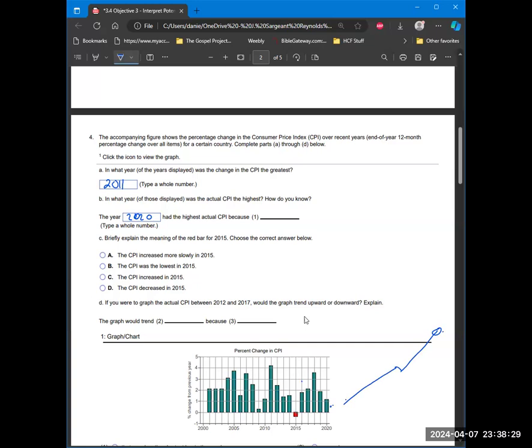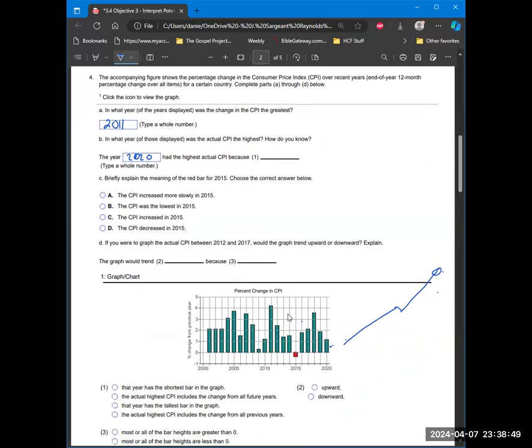So the actual highest CPI includes the change from all the previous years. That's what I'm saying here. So that blank is right here.